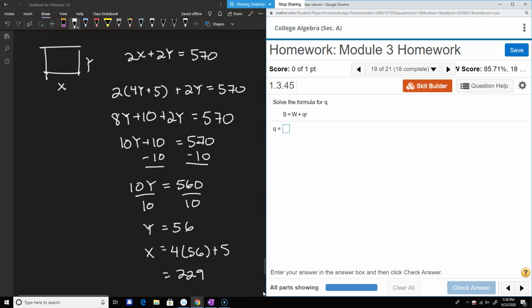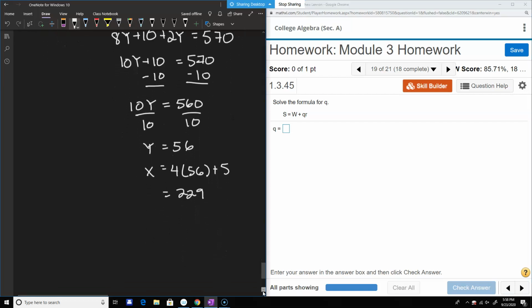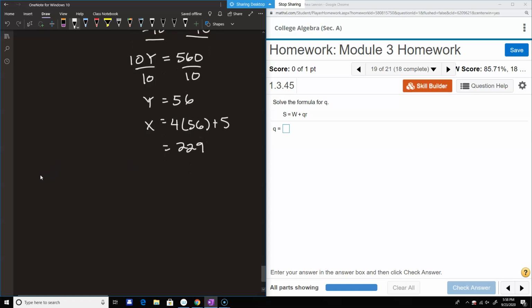So for number 19 here, we have S equals W plus QR. So we want to get that W to the other side, so we subtract W from both sides.